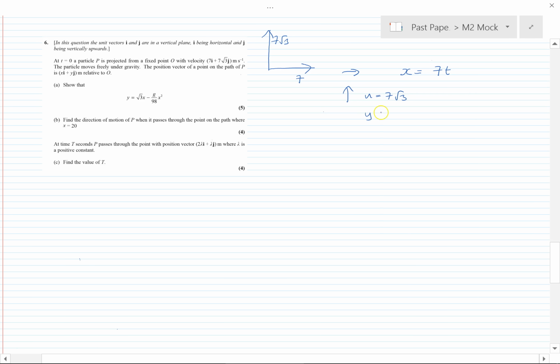We want to work out an equation for y, and we've obviously got a equal to minus g, and t we'll put in there as well. We're going to use s equals ut plus half at squared.